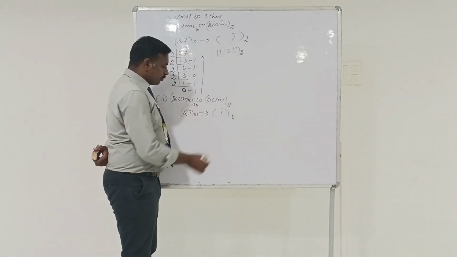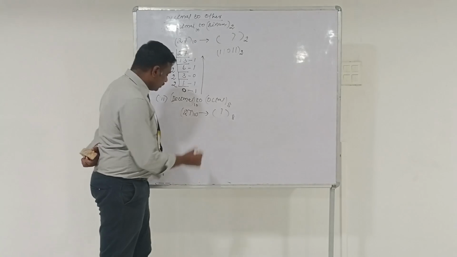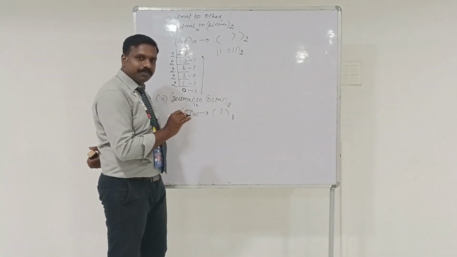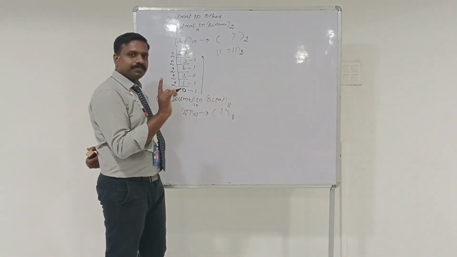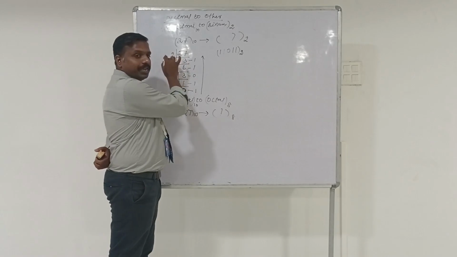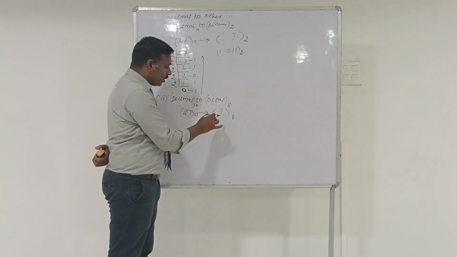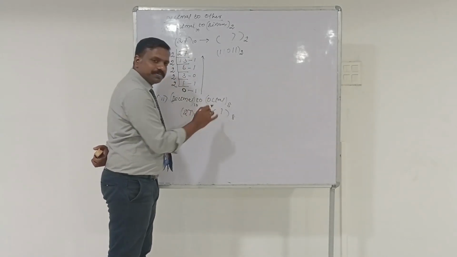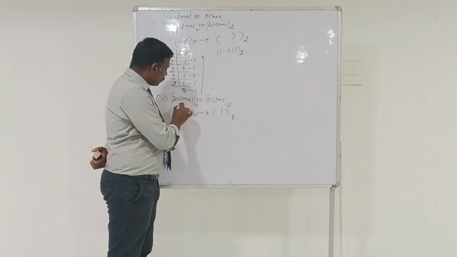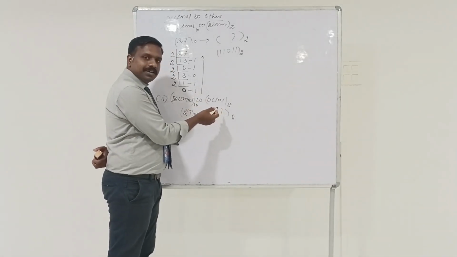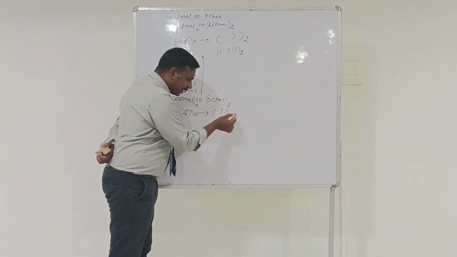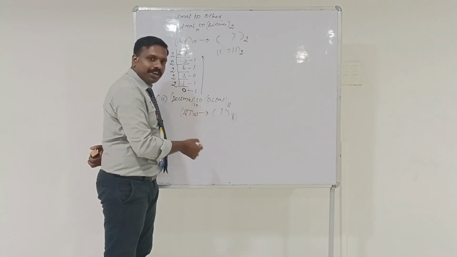Okay, so how to find this value? It's very simple, the same procedure I have to follow here, but the only difference is that the values are divided by 8 instead of 2, because I am going to convert decimal into octal. The base value of the octal here is 8. So I have to divide the value by 8.